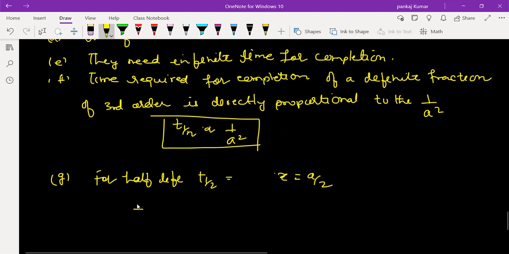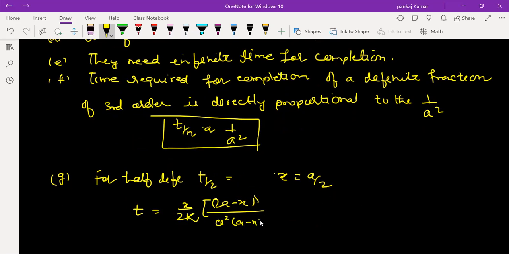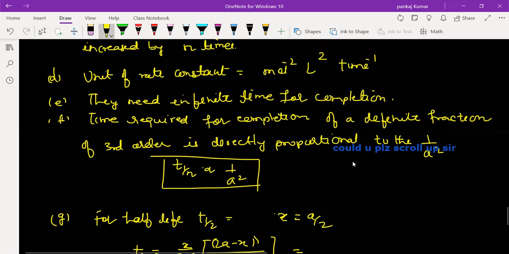We know t is equal to x by 2k, and then 2a minus x divided by a square into a minus x whole square. So we can substitute, just put x as a by 2.